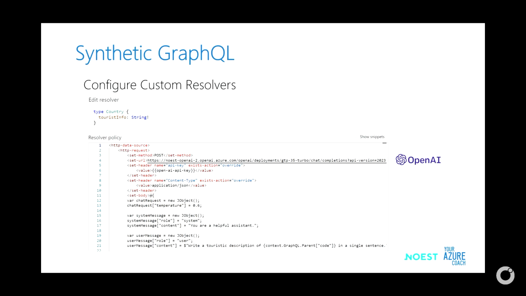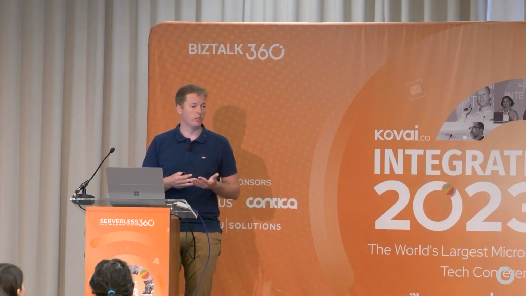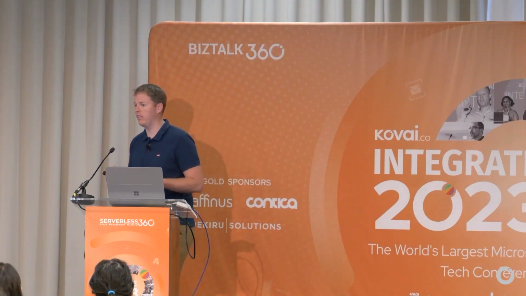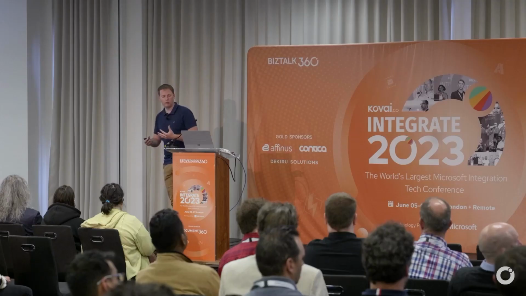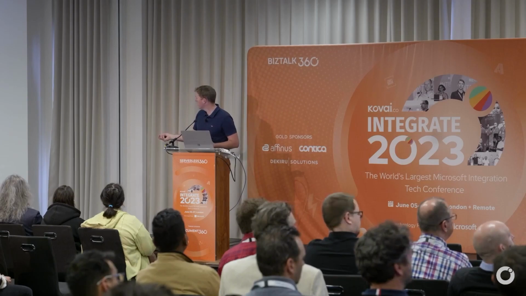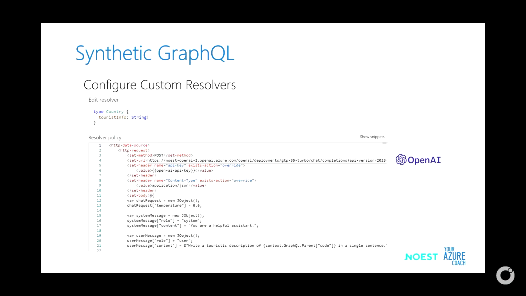I set the header to application/json and so on. And then I make my body, my JSON message to OpenAI. Typically it starts with a system message where you say, OpenAI, please act like a helpful assistant. And then my user message is at the bottom, where you say, write me a touristic description of the country with this code in a single sentence. So let's have a look in the demo at how that looks.